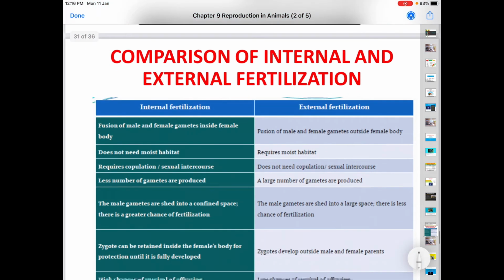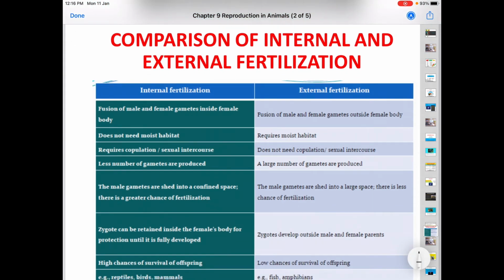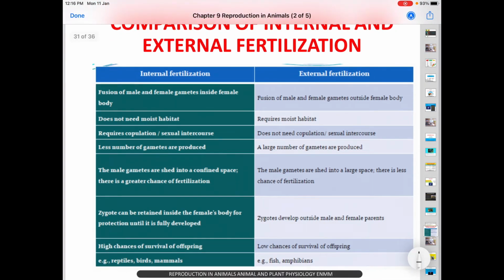So this is the comparison of internal and external fertilization. You can see what the differences are between internal and external. For example, the fusion of male and female gametes happens inside the female body for internal, but for external, the fusion happens outside of the female body.